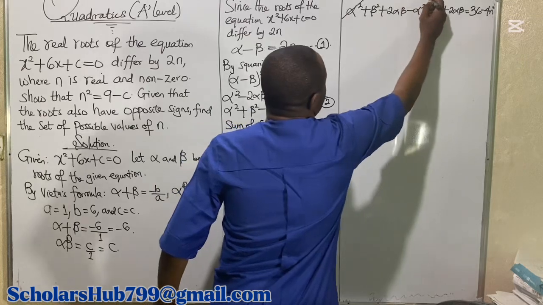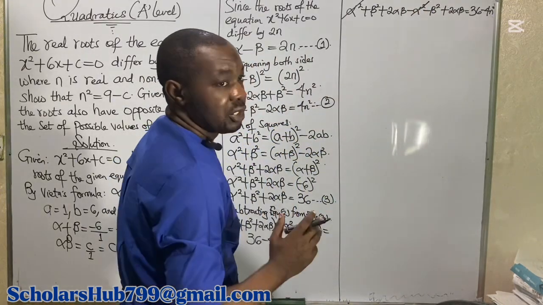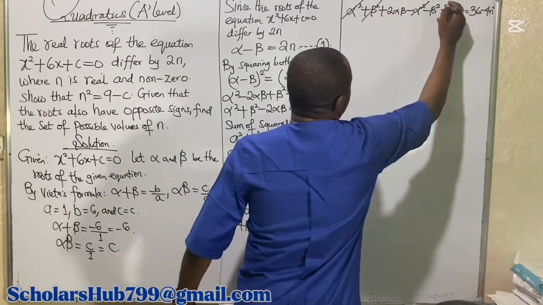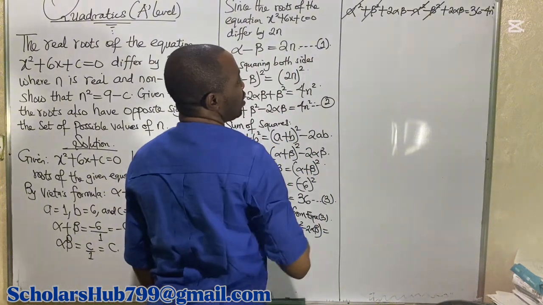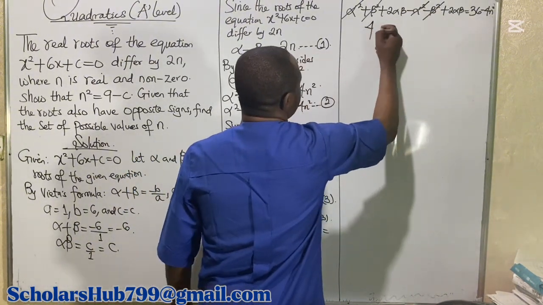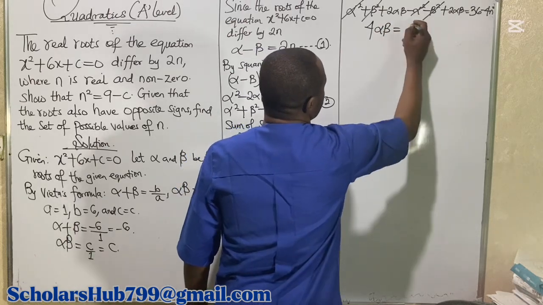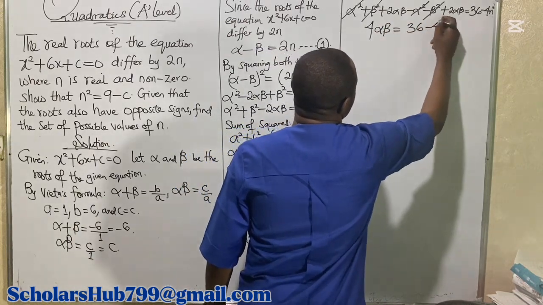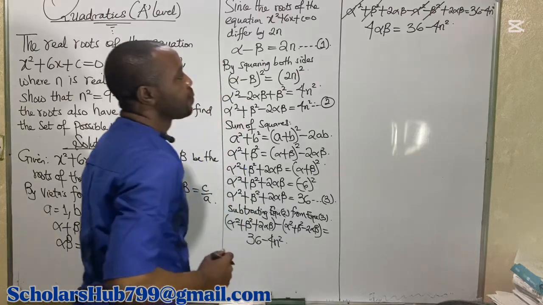So alpha squared minus alpha squared is 0, and beta squared minus beta squared is 0 as well. Now here we have 2 alpha beta plus 2 alpha beta, that will be 4 alpha beta, and this is equal to 36 minus 4n squared.